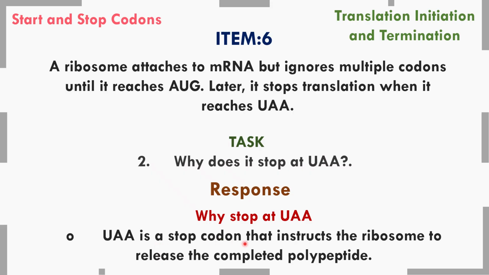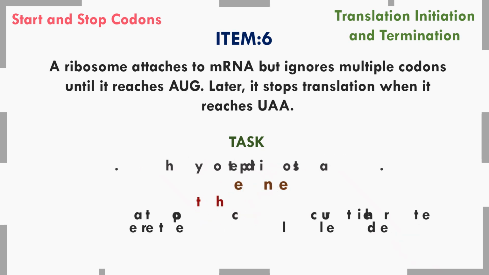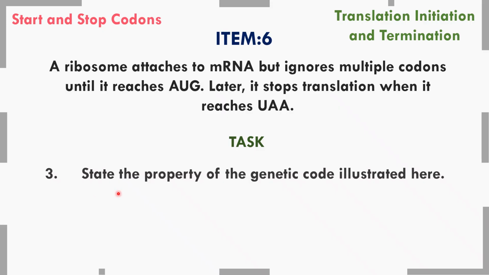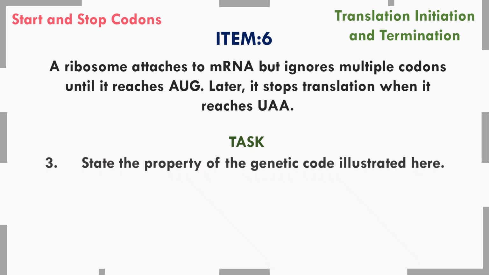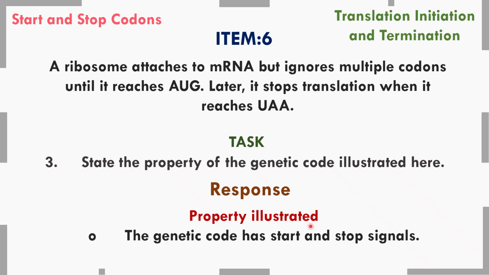UAA is a stop codon that instructs the ribosome to release the completed polypeptide. State the property of the genetic code illustrated here. Property illustrated is that the genetic code has start and stop signals.